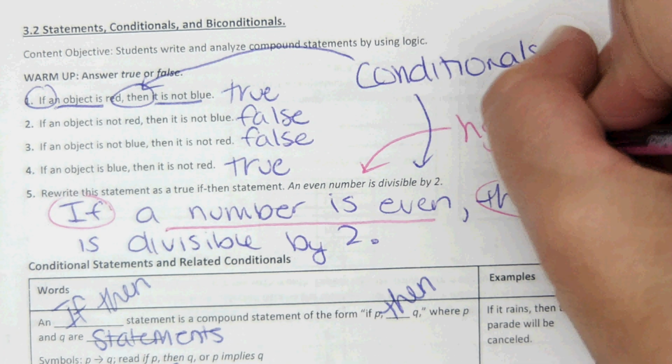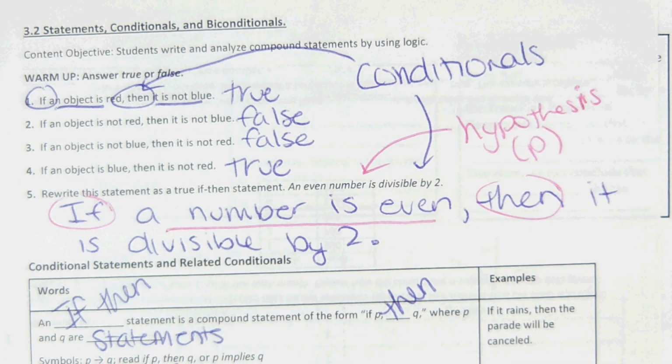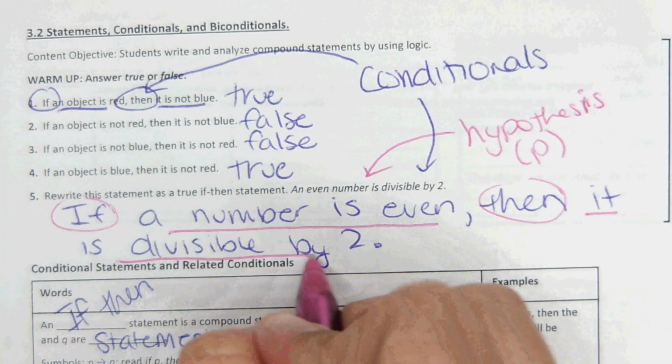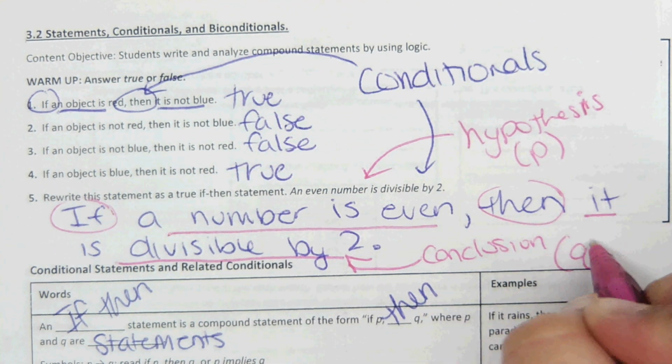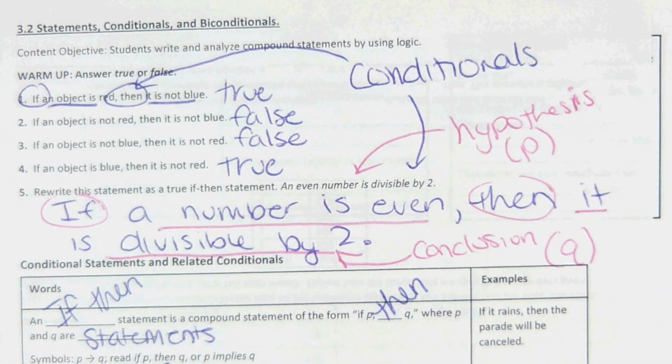It is a P. Don't ask me why. Maybe I need to Google that. And then the part after the then is the conclusion, and the abbreviation is a Q. Actually, it probably has to do with statistics, possibly.